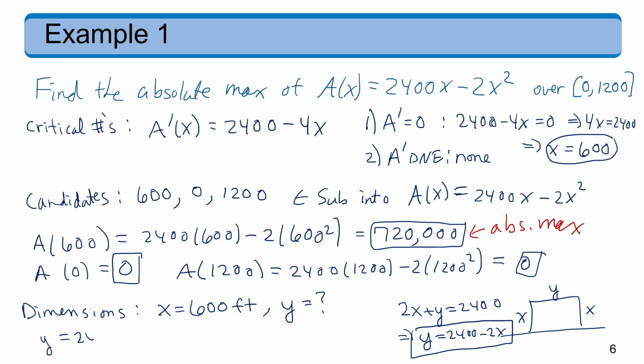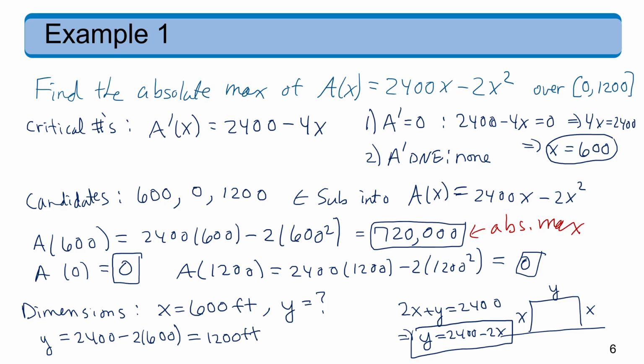So 2400 minus 2 times 600. That's 2400 minus 1200, which gives us 1200 feet. So for the dimensions, you need to say which is which.